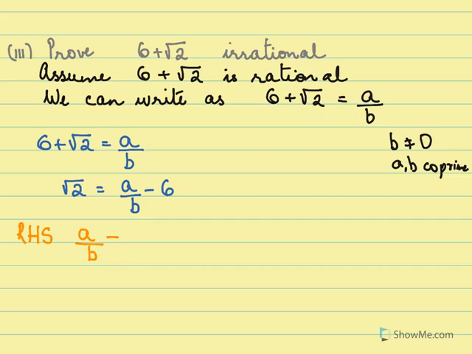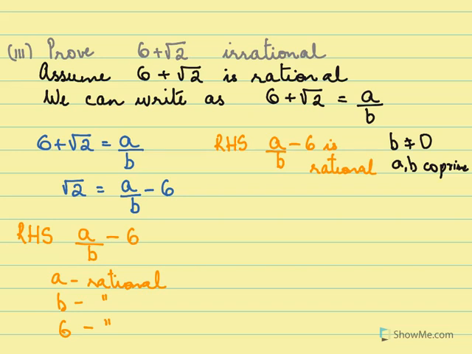So the right hand side, a over b minus 6, will be rational because a is rational, b is also rational, and 6 is also rational. So the right hand side, a over b minus 6, is rational.